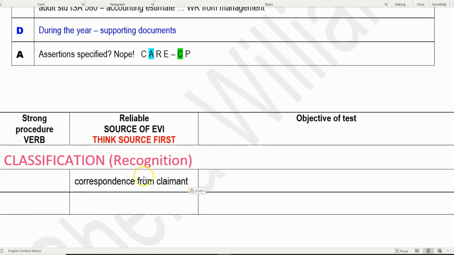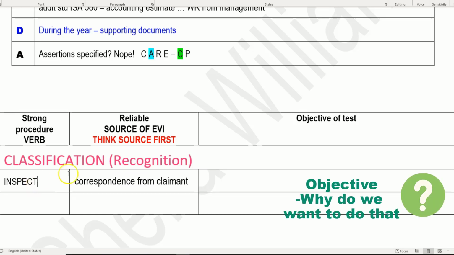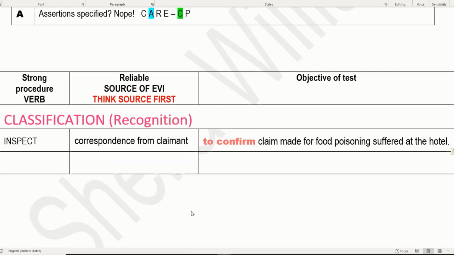So this one is a document, right? Therefore, our first word here, the strong audit procedure, would be the word inspect. Inspect the correspondence from the claimant. Then we've got to think about the objective. Why do we want to do that? The purpose here is to confirm the claim made for food poisoning suffered at the hotel. So being very specific here.